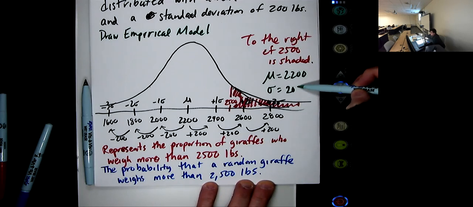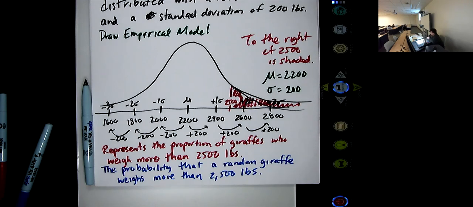I mean, we could pull it from the graph, but we're going to look at this in StatCrunch. Give everyone a chance to finish writing.